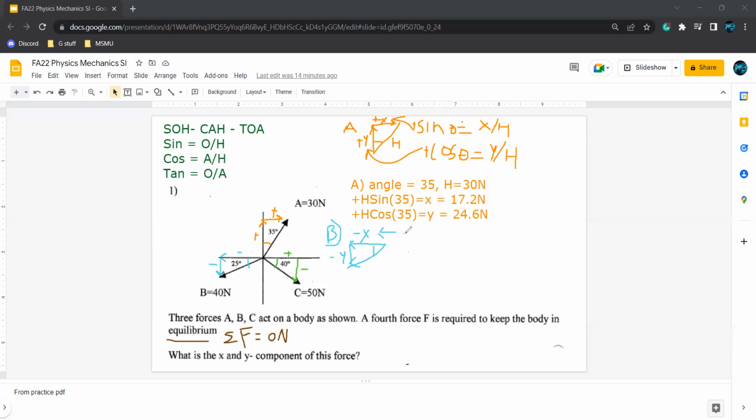So you're using negative cosine is equal to x. You could technically put this negative with the x instead of the cosine. I just think this way is neater. So that means your y is going to be your sine because that's on the opposite end of your angle.